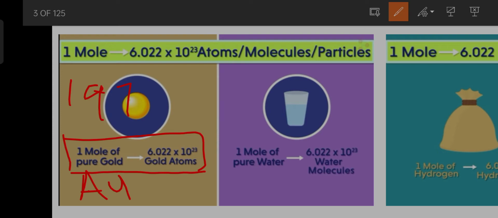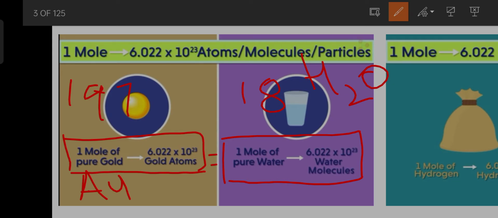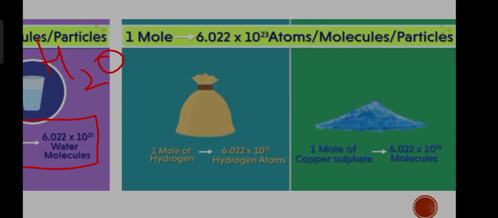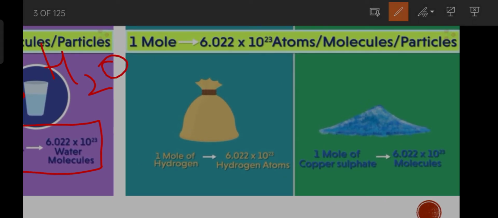What is the molecular mass of water? It is 18. Formula of water is H2O, 2 plus 16, it is 18. But in 1 mole of pure water, the number of particles is again the same. The number of molecules is again the same as that in gold. 1 mole of hydrogen. What is the chemical symbol of hydrogen?